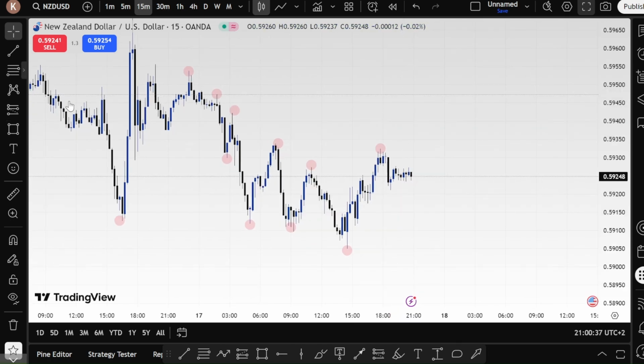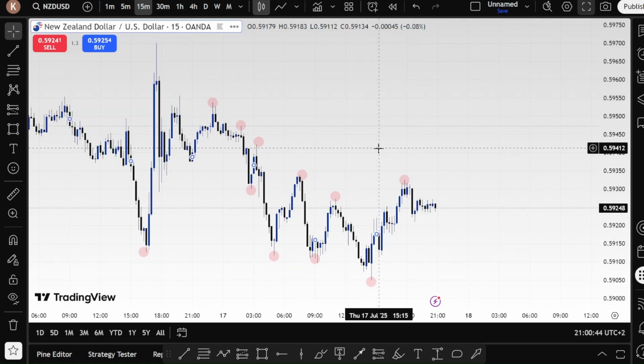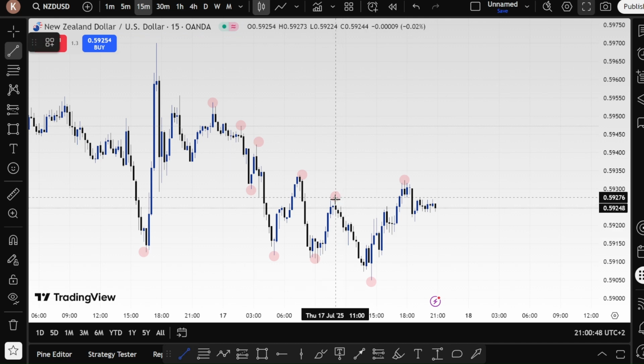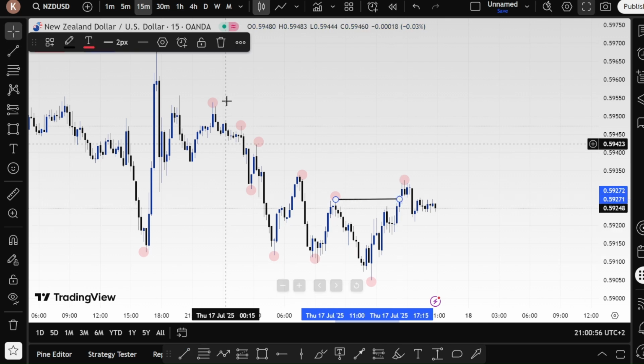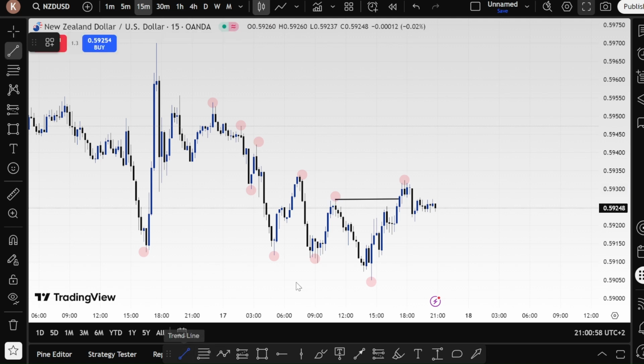You can see I've marked my highs and lows. I've marked pretty much everything, I didn't leave anything. I found these highs and lows, which are my old high and my old low.